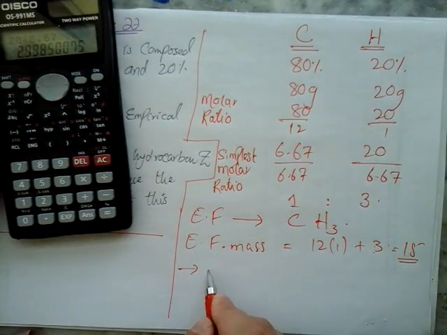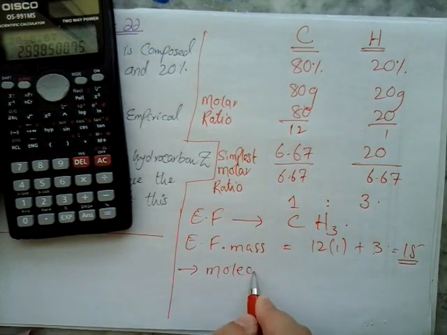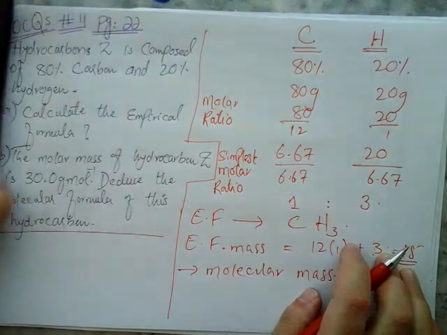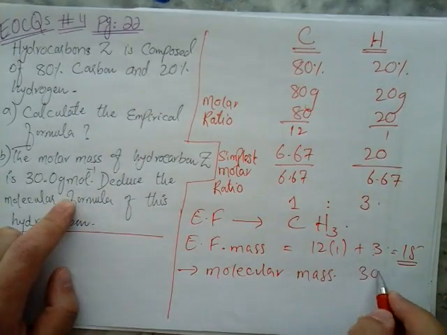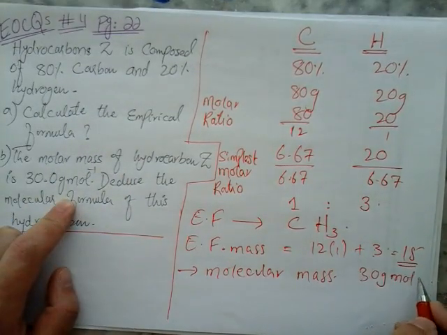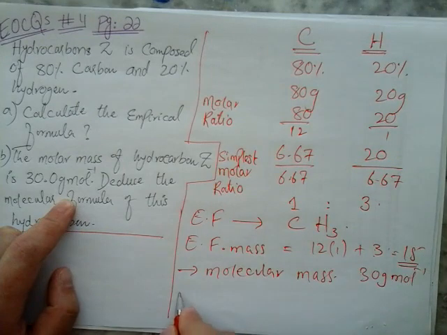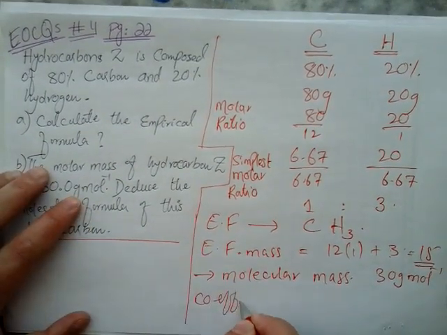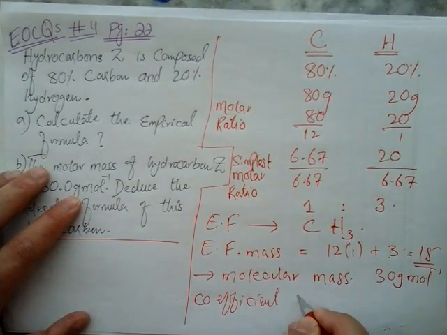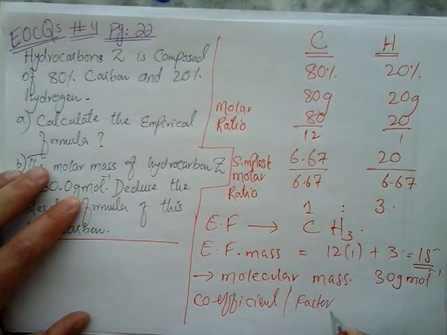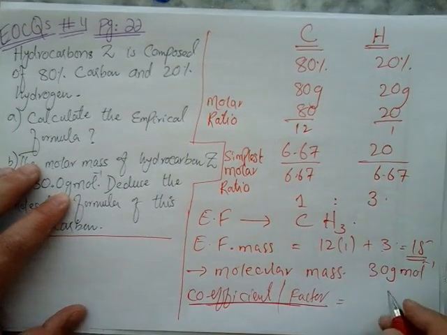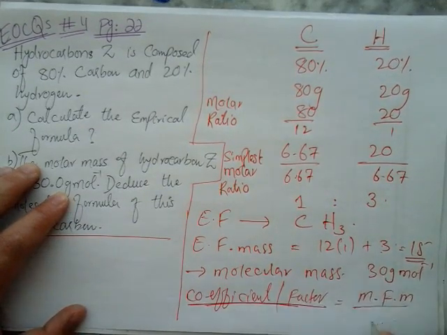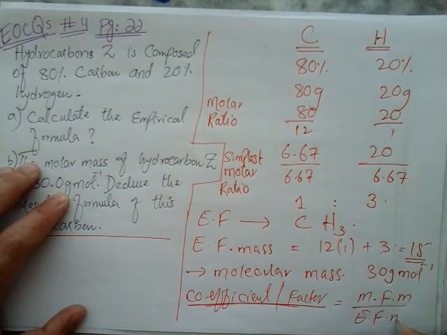And the molecular formula mass is given, that is 30 gram per mole. So the factor n would be equal to molecular formula mass divided by empirical formula mass.